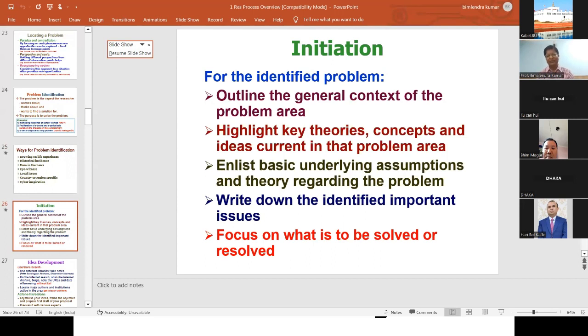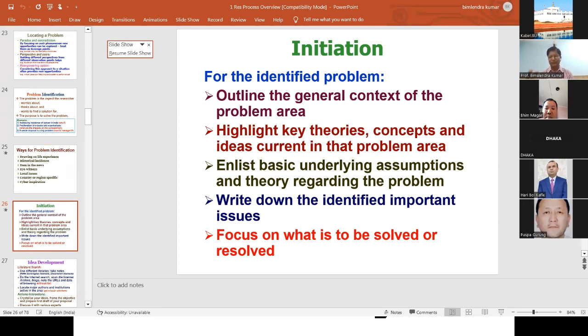Now, how can these problem identifications be initiated? How can we start or initiate the problems which take place in our day-to-day life? First of all, outline the general context of the problem area.